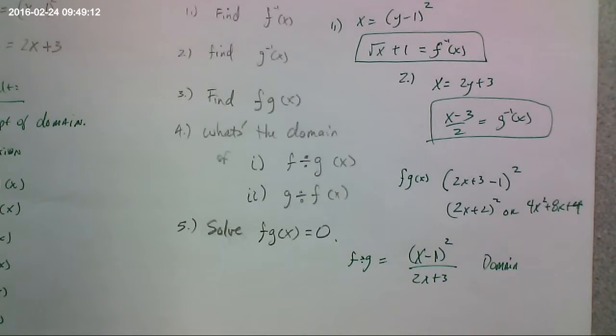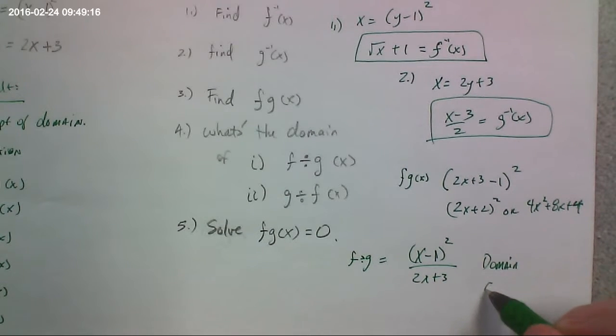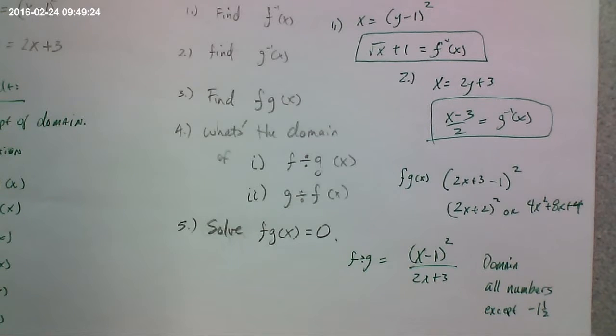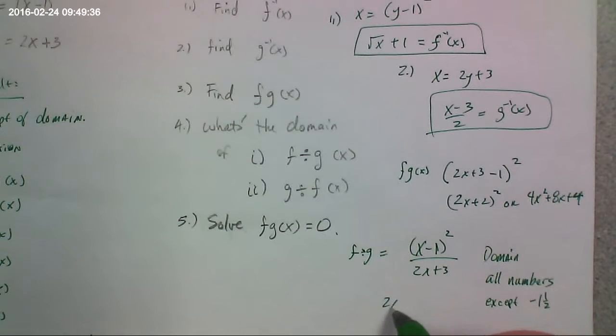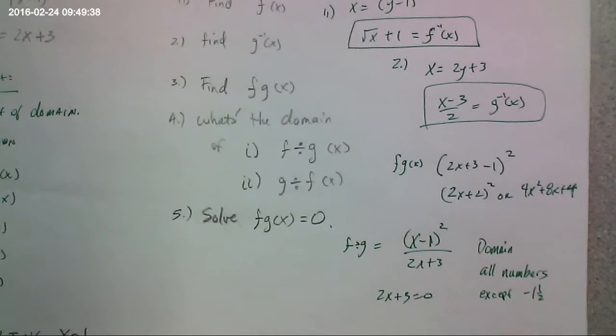We have to figure out what it can't be, and that's how we say it, right? Okay, so all numbers except negative 1.5. 3 over 2, 1.5, all the same. Good? Yeah? Good. No, you just set this equal to 0 and you solve it.